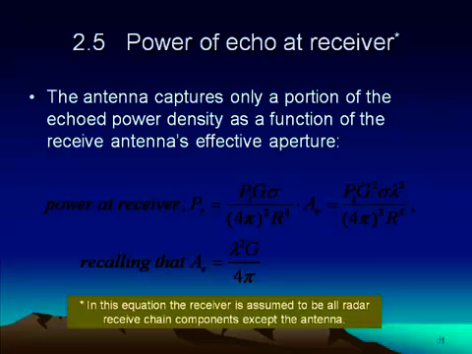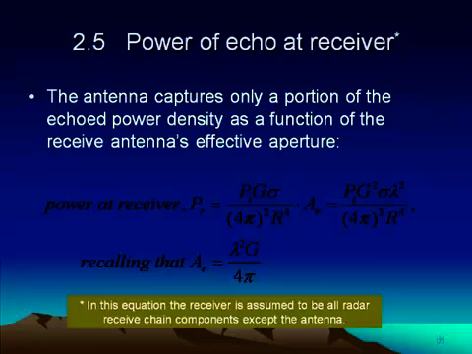So the received power density multiplied by the antenna effective area will be considered for calculating the received power. It comes out as Pt G sigma by 4 pi whole square r to the power 4 multiplied by the effective area of the receiving antenna.